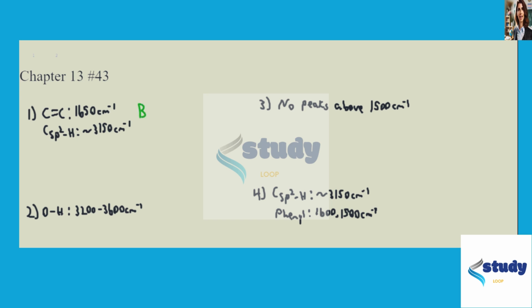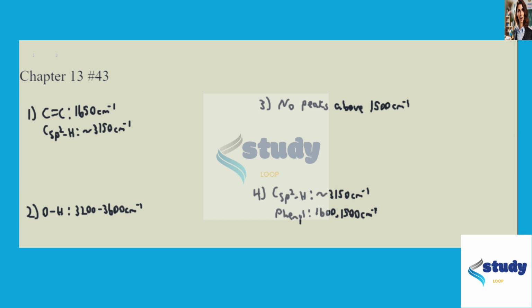But with C, we're not really talking about a double bond. We're talking about a phenyl ring, so there would be peaks at 1500 and 1600 for that, and we don't see that here. We just see the 1650 peak.